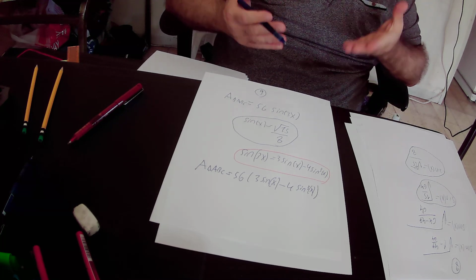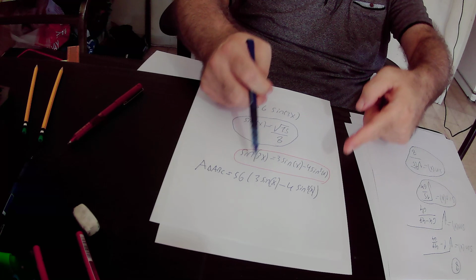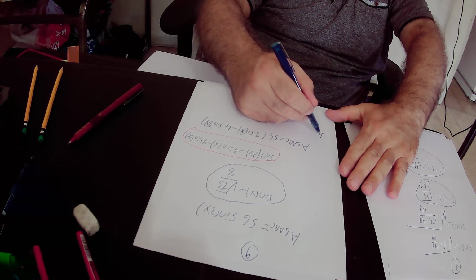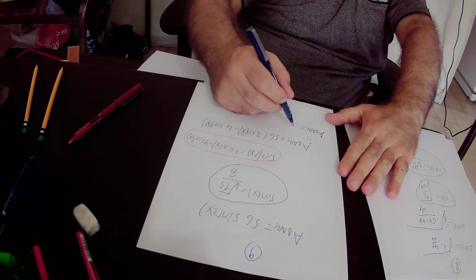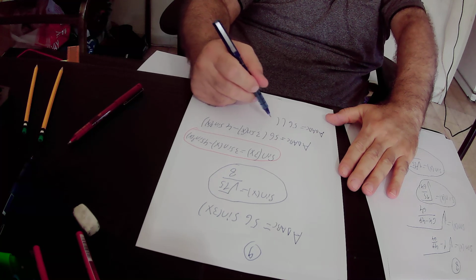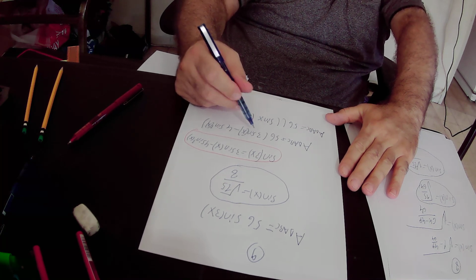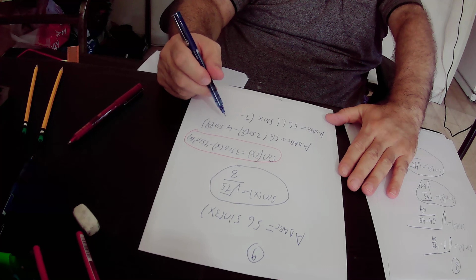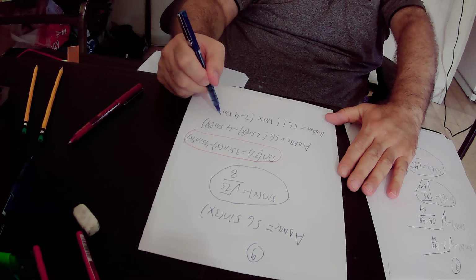Here we can take sine x as a common factor. We will take out sine x as a common factor of this expression, and we will get that the area of triangle ABC equals 56 times sine x, and in the brackets what is left is 3 minus 4 sine square x.